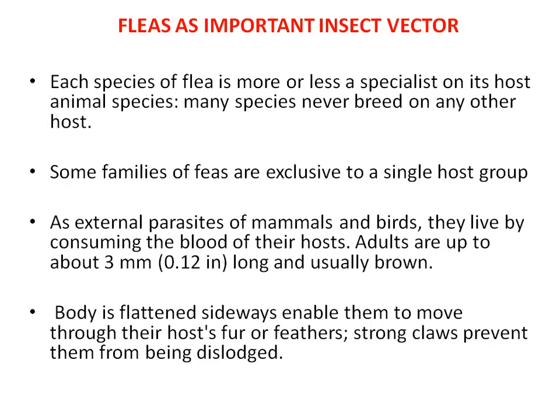Each species of flea is more or less a specialist on its host animal species. Many species never breed on any other host. So this is the uniqueness or peculiarity of the fleas, as I told you, the specificity of the host.